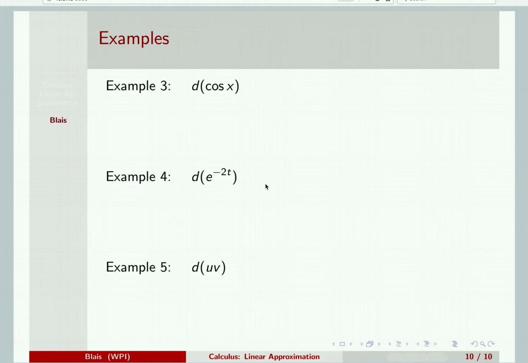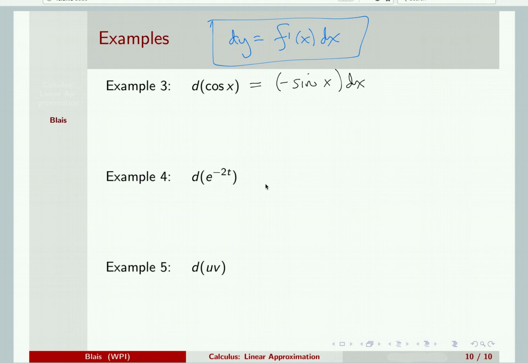But for instance here, we have some examples. We know that the derivative of cosine of x is minus sine of x, and we have our dx. So we're using that definition on the previous page, that dy was equal to f prime of x dx.